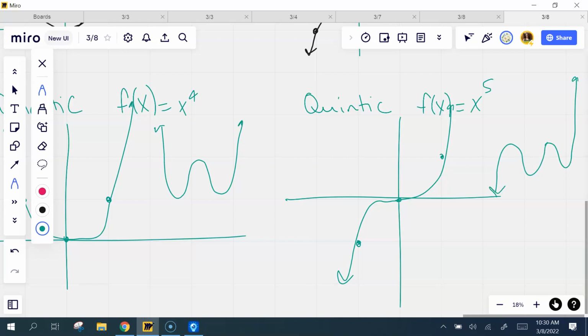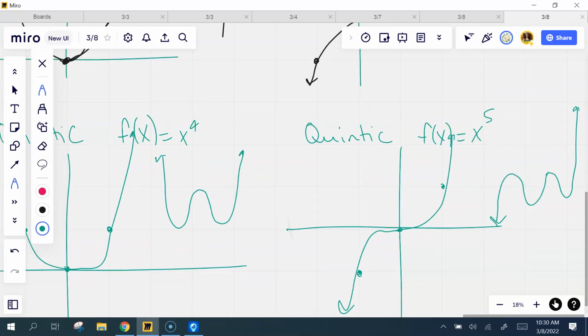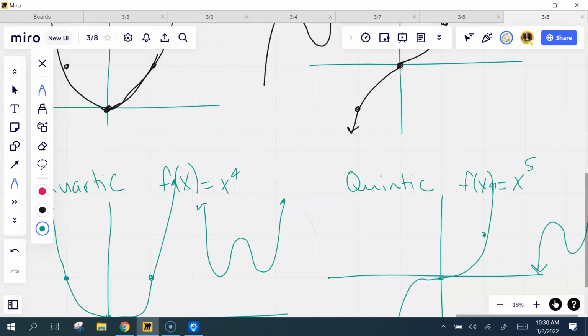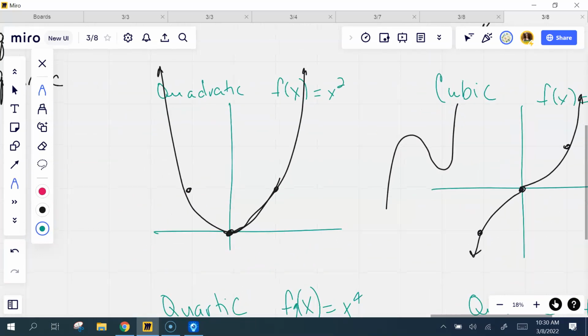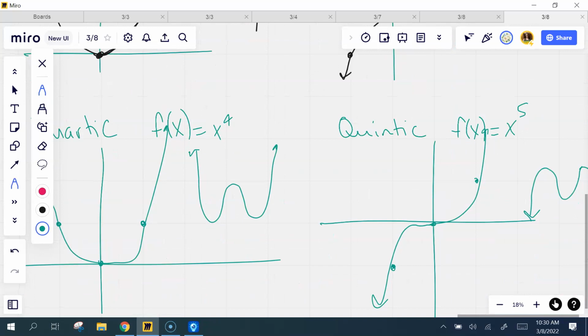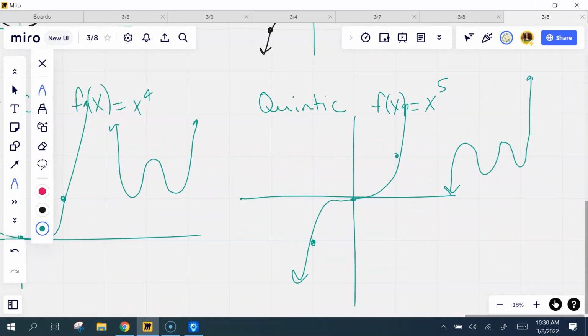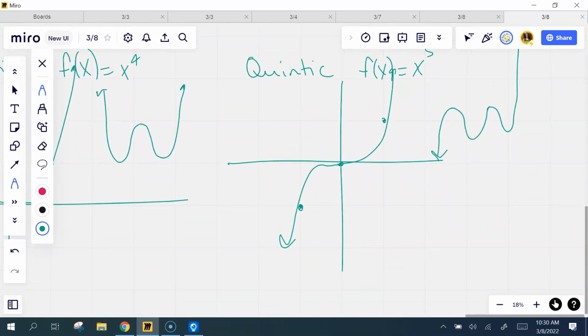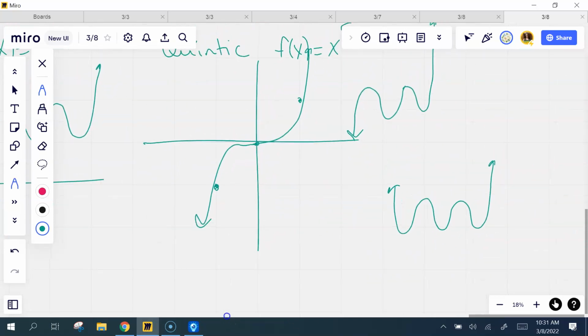In fact, each degree I add adds a potential another hump to it, if that makes sense. Because if you think about the cubic with the 2, the quadratic with the 1, quintic with the 3, quintic with the 4, every time I add a degree. So if I had a power of 6, it could potentially look like that. So every time I add a degree, I add one more little bump to the graph, essentially.